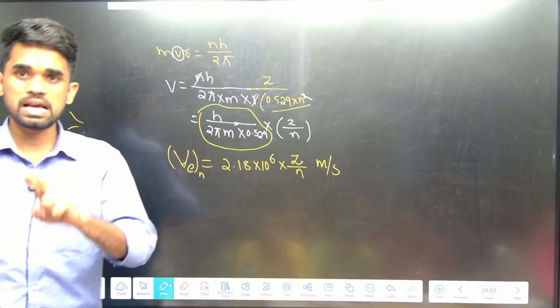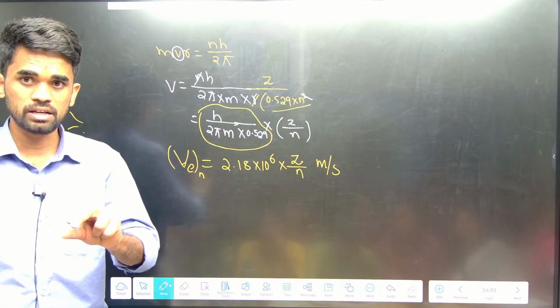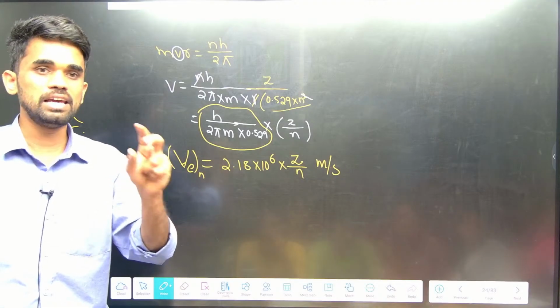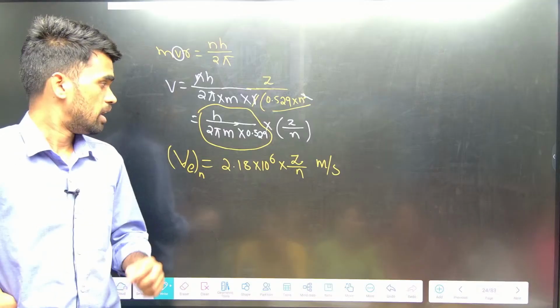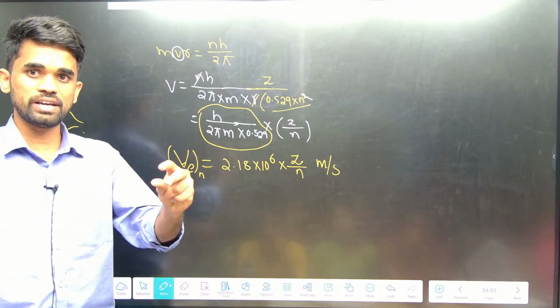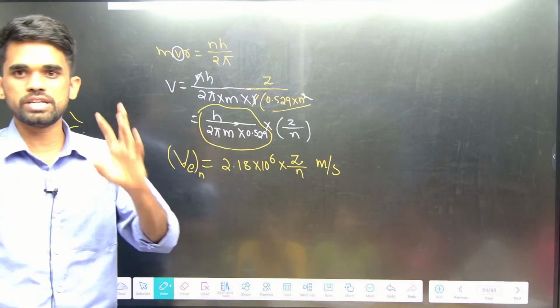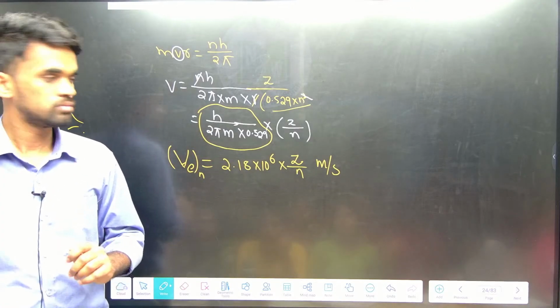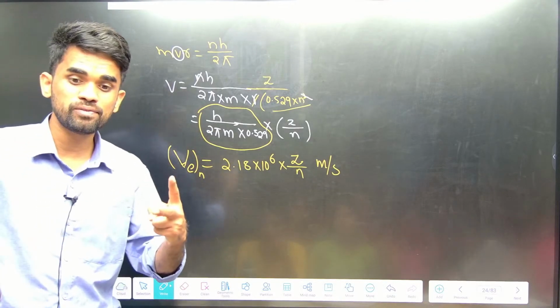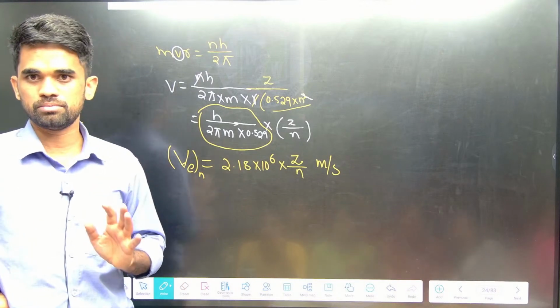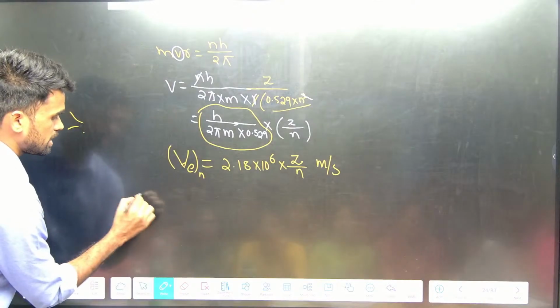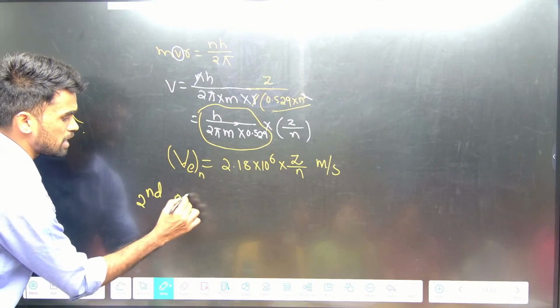Now, velocity of electron revolving in the second orbit of hydrogen atom. Try to catch me all the time.